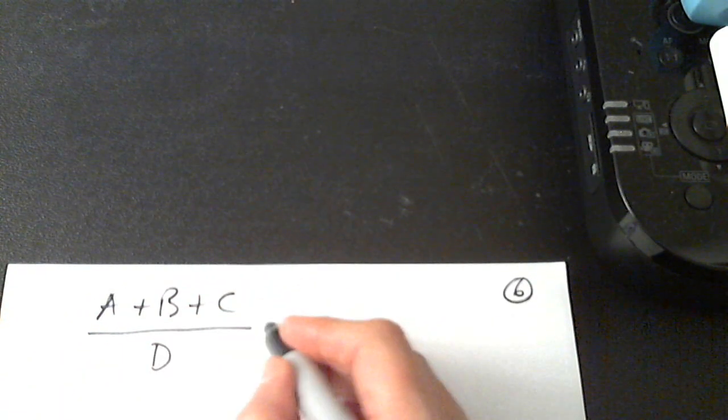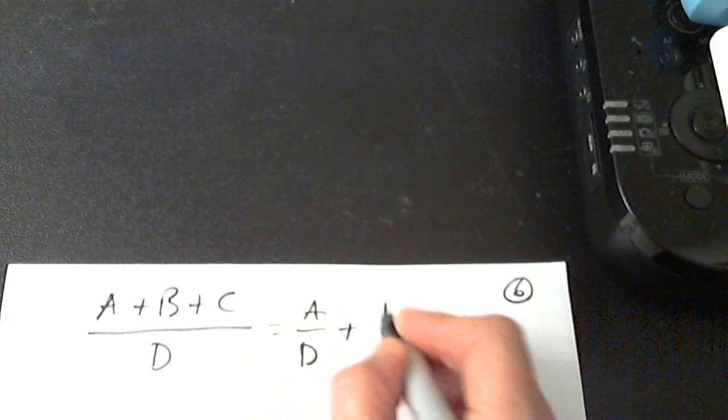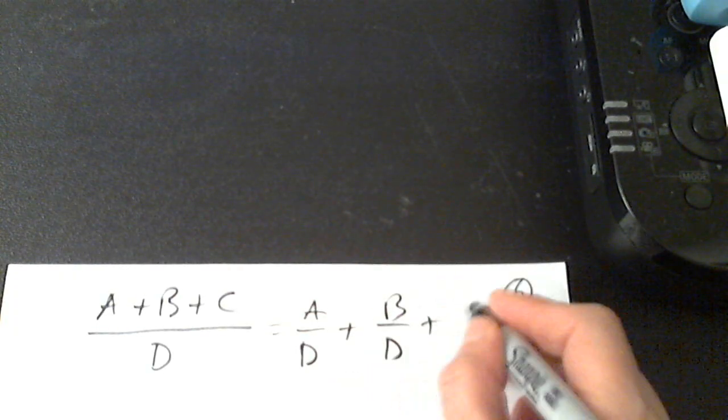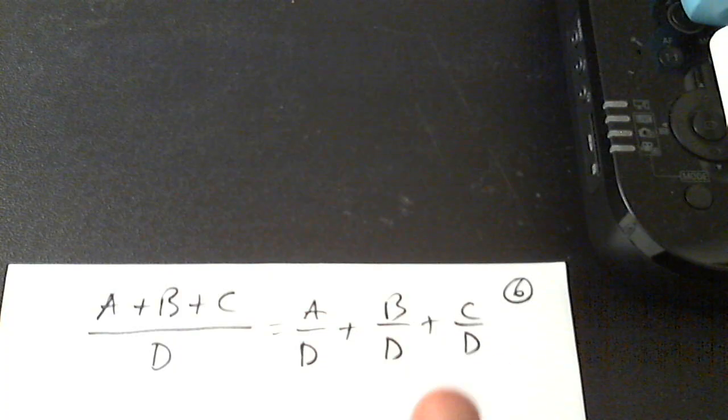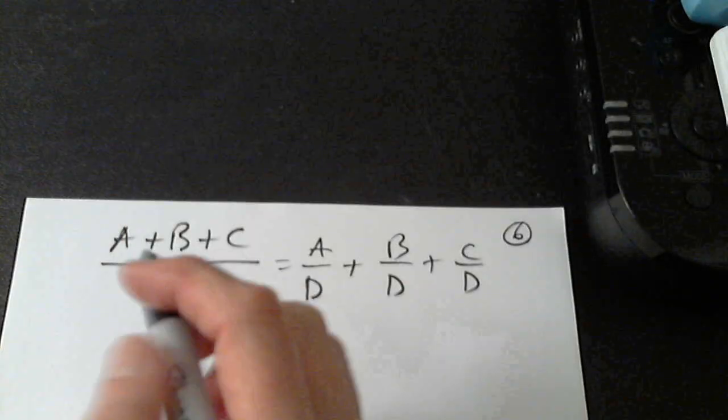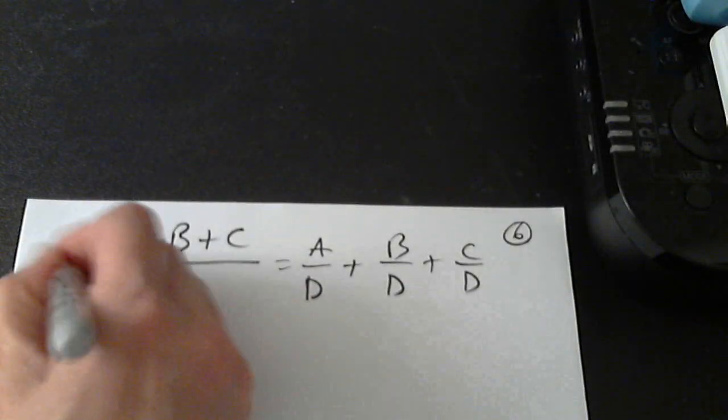So this is page 6. So I can arrange a plus b plus c divided by d as a over d plus b over d plus c over d. So that's one thing that I wanted to remind you. Also, I wanted to understand another thing. So this is number 1.